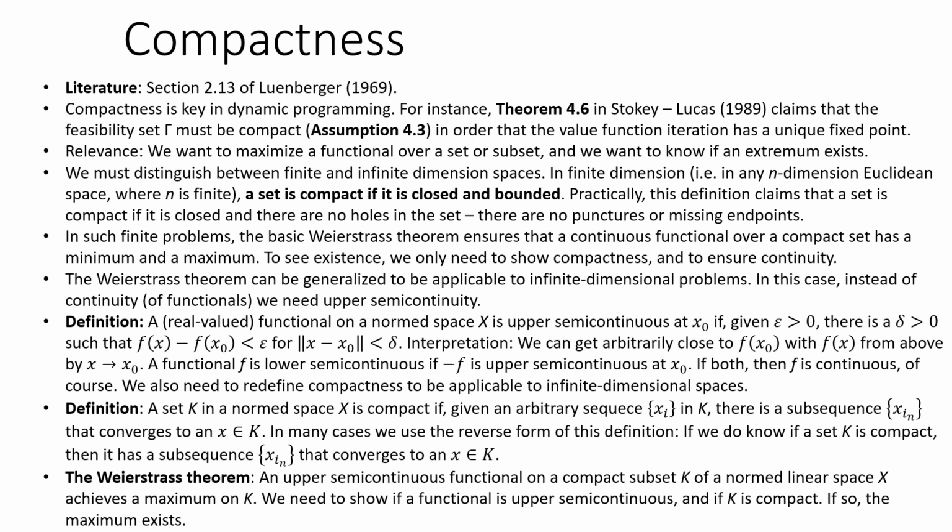You can see the formal definition, which we can easily interpret by saying that we have a functional, and we can get arbitrarily close to the value of the function at x0 from above by reducing the difference between x and x0. This is very similar to continuity. So this is how we define upper semi-continuity.